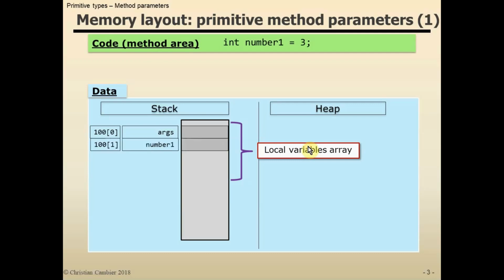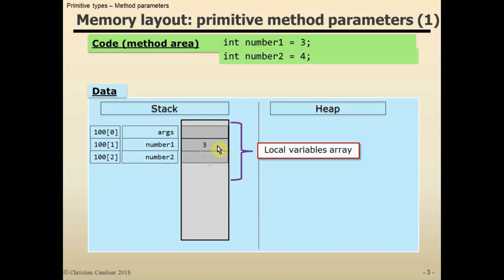As explained in the previous demo, when we declare a local variable, it is stored in the local variables array, but at a subsequent position after the parameters. Int number 1 is assigned a value of 3, and so the value of 3 will be stored in number 1. Int number 2 gets a value of 4. And then the third variable, sum, gets a value of 0.